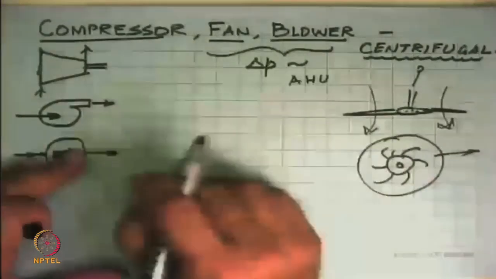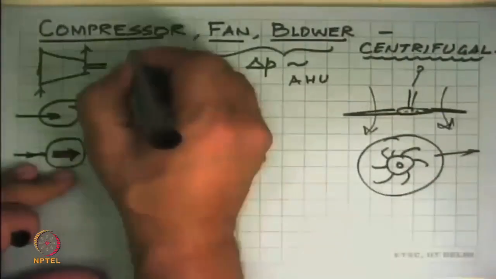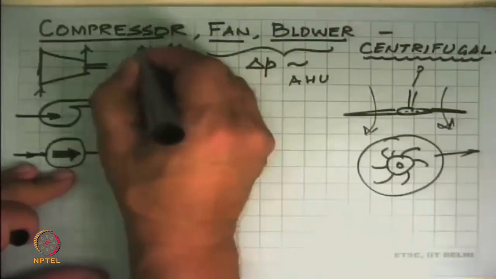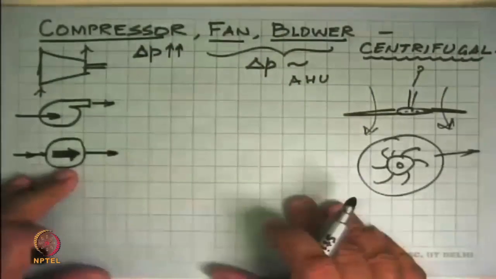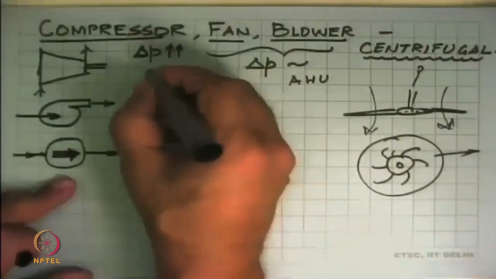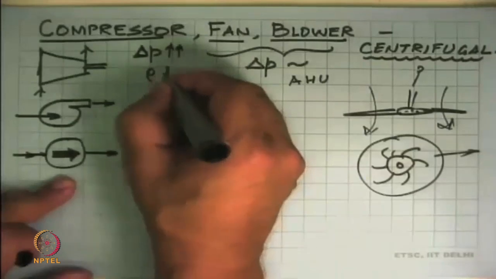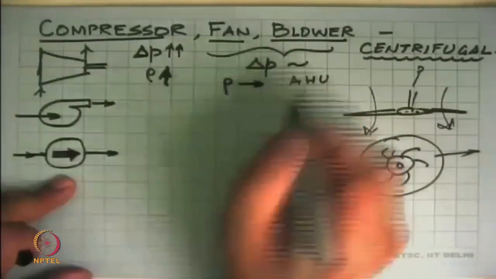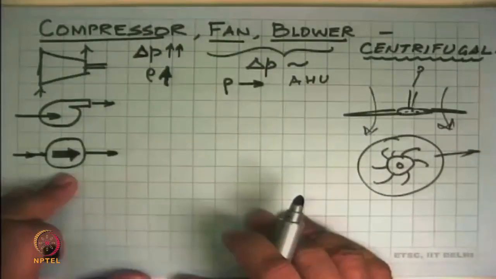That's the AHU. Compressors, the difference is that delta P here is quite large and substantial. So here there is compression taking place, so density increases. Here density is almost constant.